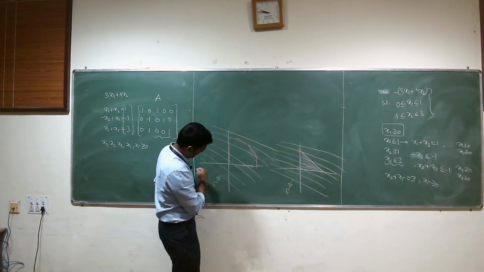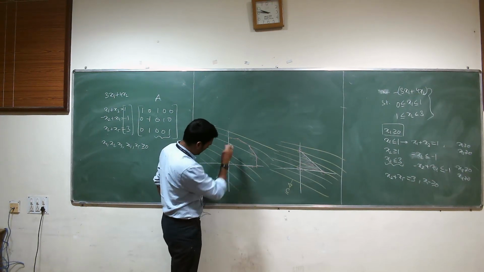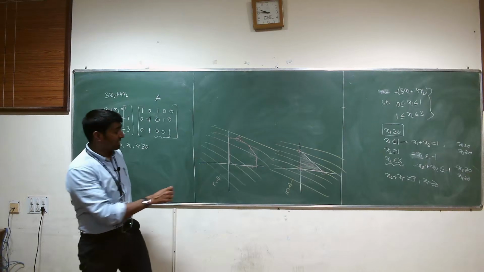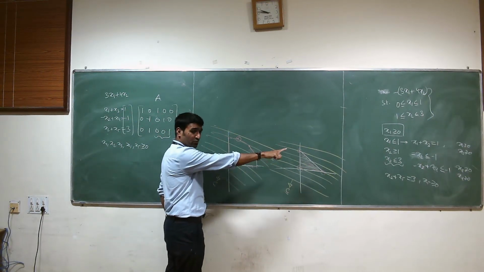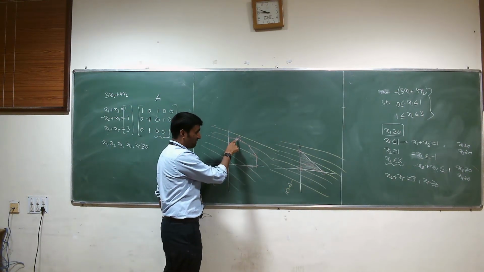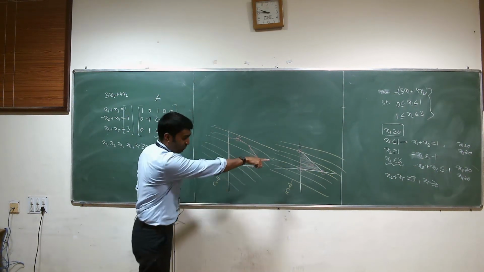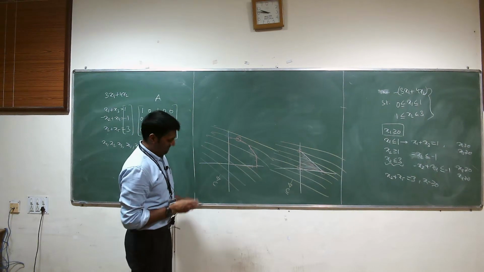Well, in this particular case, since I've drawn the contours like this, it is likely to be here. So the point I'm trying to make is the solution for these problems almost always will be at the vertices of these polygons that I've drawn.